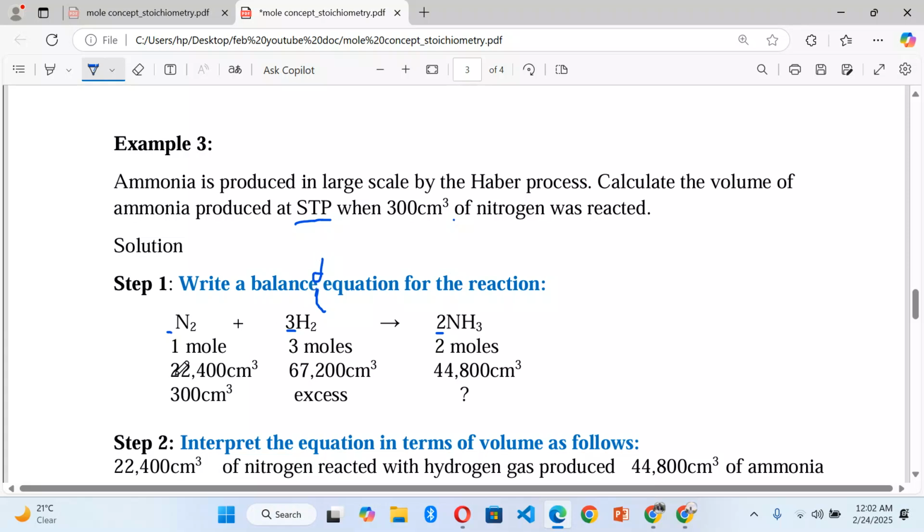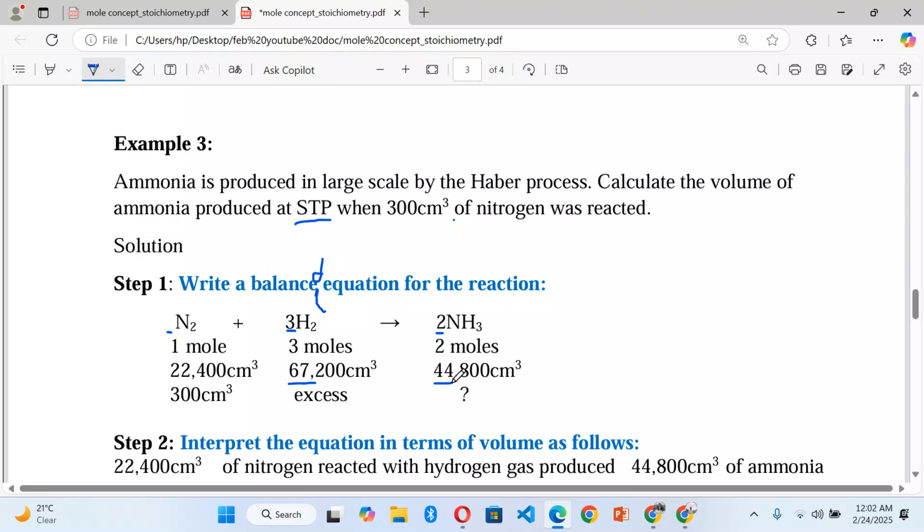Now, if 1 mole of a gas occupies this, what about the 3 moles? It will be 3 times 22,400 and you get 67,200. What about the 2 moles? It will be 2 times 22,400 and you get 44,800 cubic centimeters.